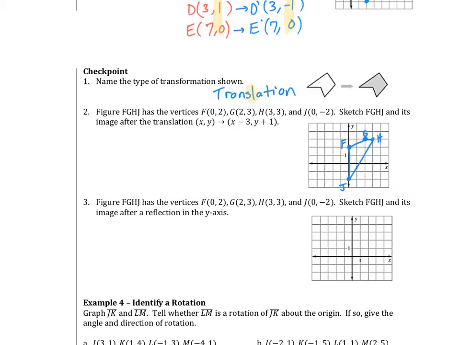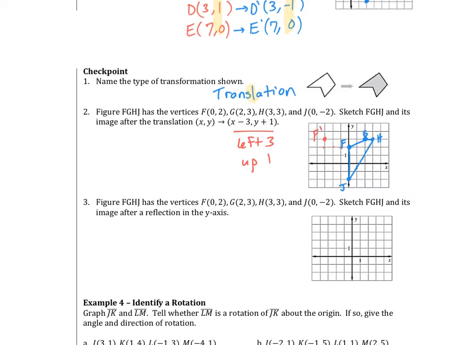So if I'm going to go x minus 3, y plus 1, what's going to happen? The x minus 3 is left 3. The y plus 1 is up 1. So if I want to just slide it, I can do it on the graph. Left 3 and then up 1. So from F, it's 1, 2, 3 to the left and up 1.